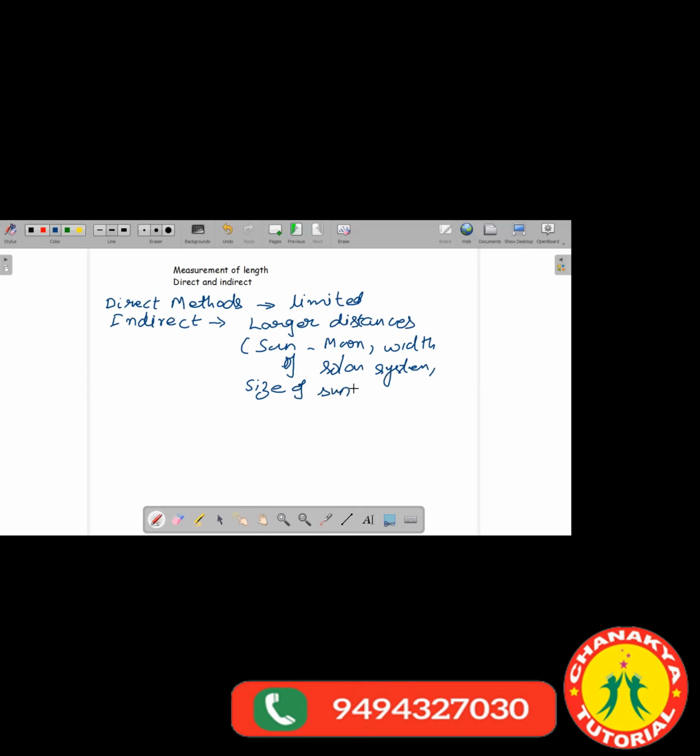These are some of the larger measurements which can be made. Distance between two stars, for that we have to have some other methods of measurement. We also need them for very small measurements.